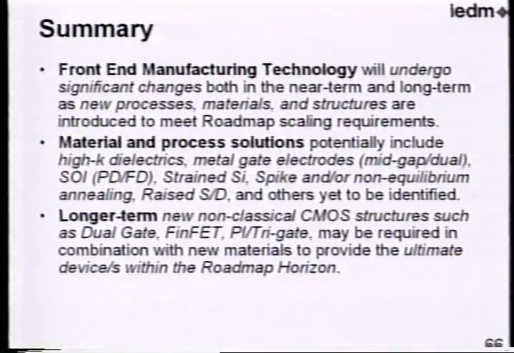Over the next few years, I think we're going to be seeing not only attempts to extend the planar standard bulk CMOS technology as far as we can, but then the introduction of new materials such as strained silicon, SOI, and then driving into potentially some kind of double gate structure. Which comes first will be debatable, but that allows some of the standard materials to be used longer.